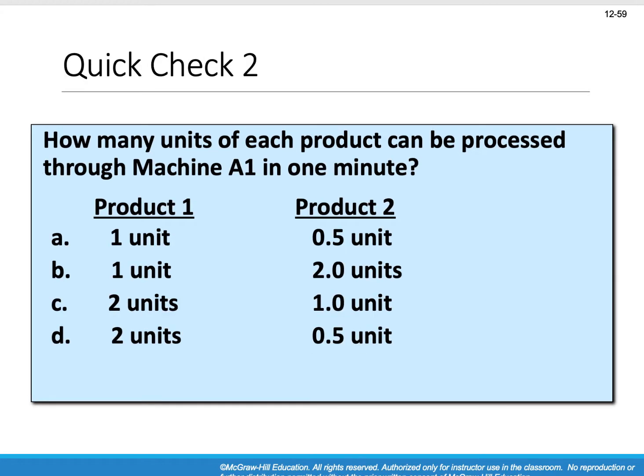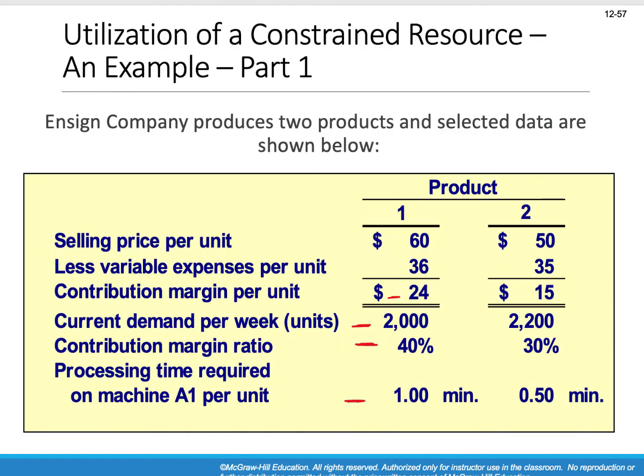So we know product 1 can produce 1 unit, and product 2 is 2 units. And I know you're probably sitting there thinking, where did he get that? Let me show you.